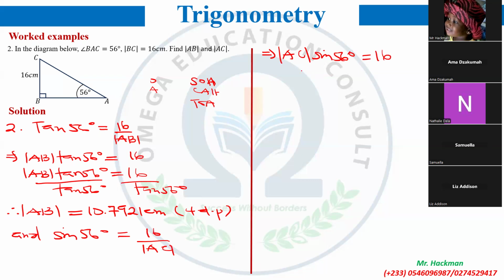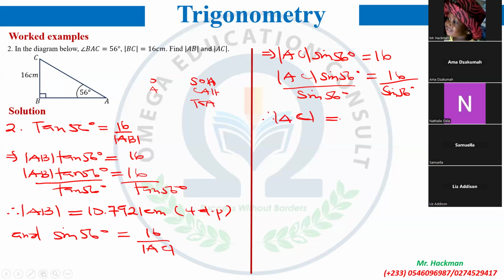At this point we are looking for AC. We write it again, before we divide by the sine 56 degrees, over sine 56 degrees, then over sine 56 degrees. So whatever your calculator gives you, you conclude with it. Therefore, the length of AC will be equal to 16 over sine 56.